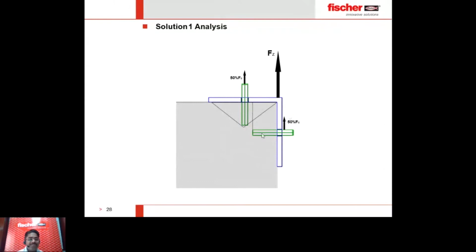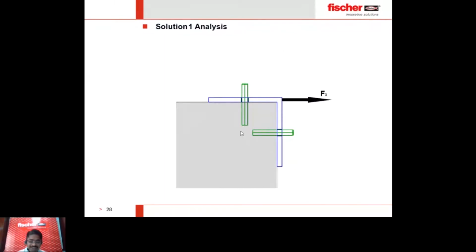What is happening? This tension anchor is making a cone and this shear anchor is making edge failure, where the concrete area is going into the common stress area. It's getting a common stress area, meaning it's getting worse in this kind of case.